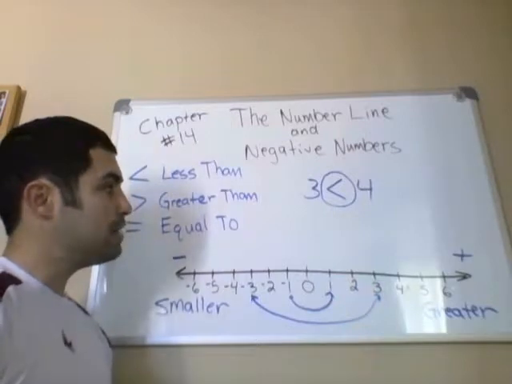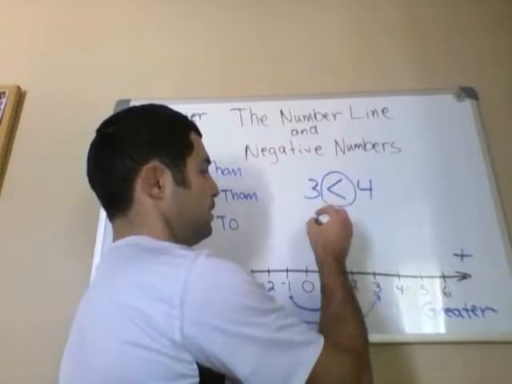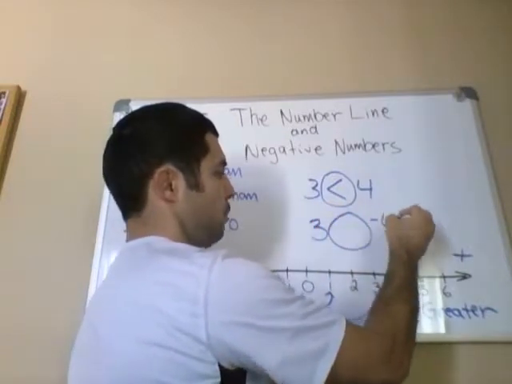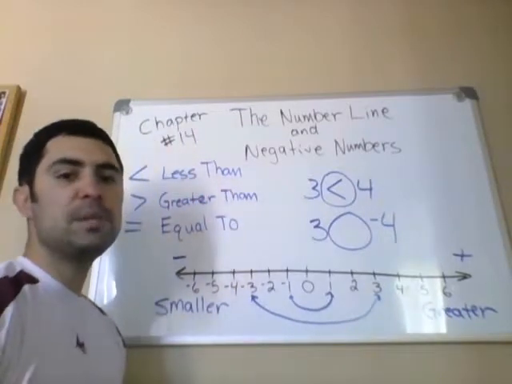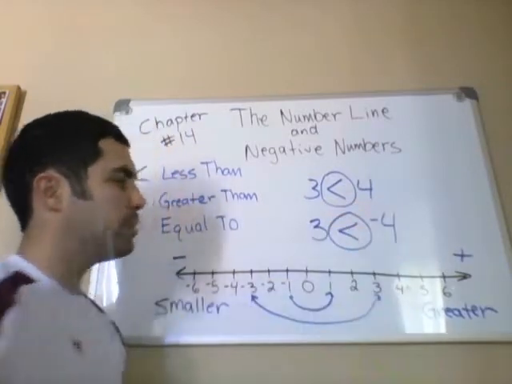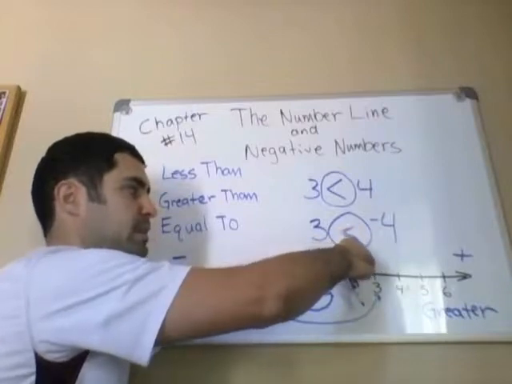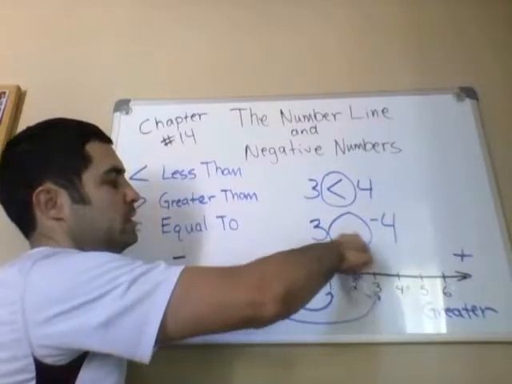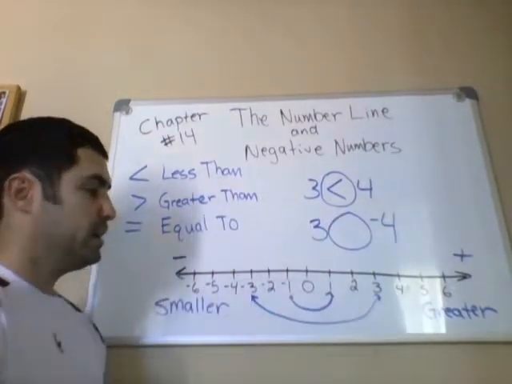Alright, so what if we have 3 and negative 4? Okay? Sometimes people get confused with this and they think, oh, that's easy. 4 is greater than 3. But keep in mind that this is negative. So this is... my dry erase marker is not dry yet. Alright. So look on the number line.